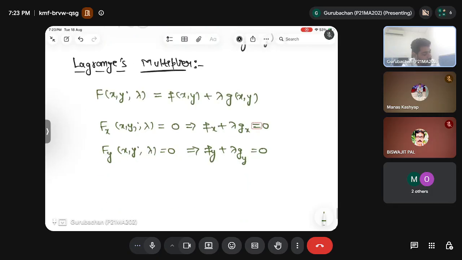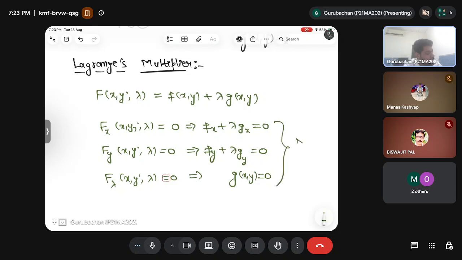And the final one, with respect to lambda, is 0, that means nothing but your constraint equation g(x, y) is 0. So this is your necessary condition for this function to achieve any extrema.